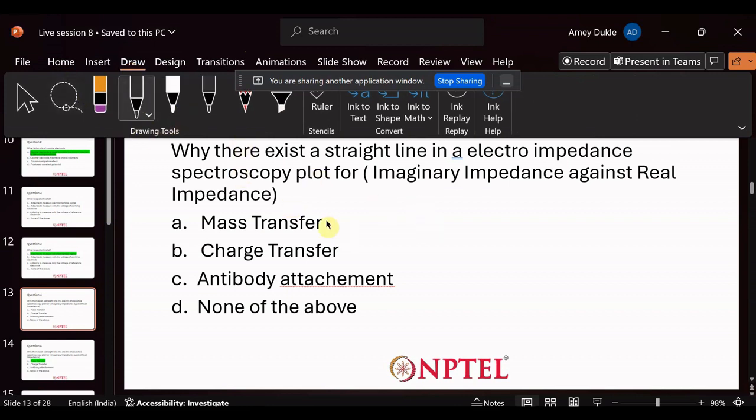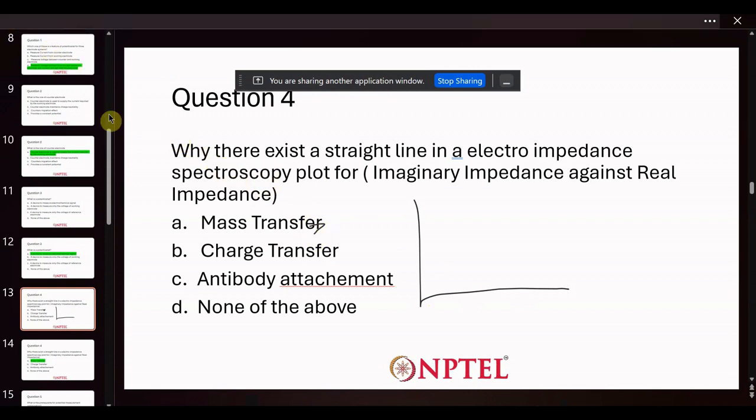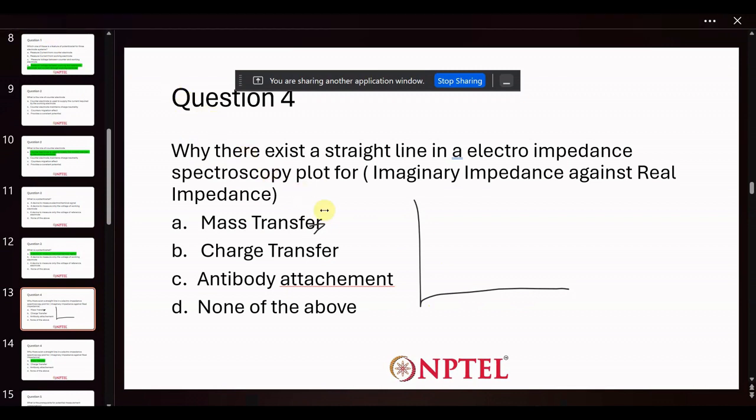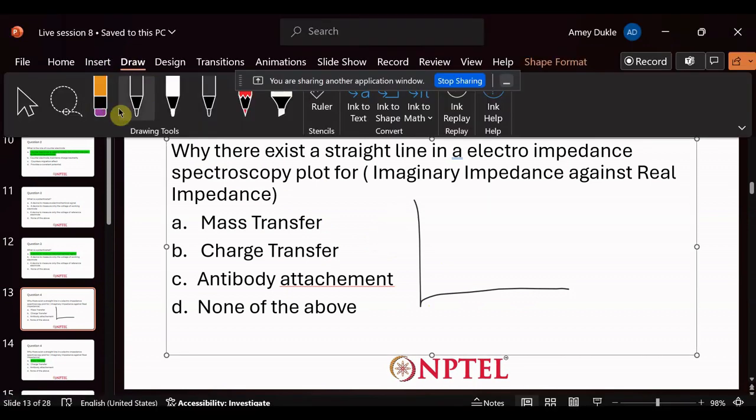So basically, the EIS plot is basically this is the imaginary impedance, and the real impedance is on the x-axis.